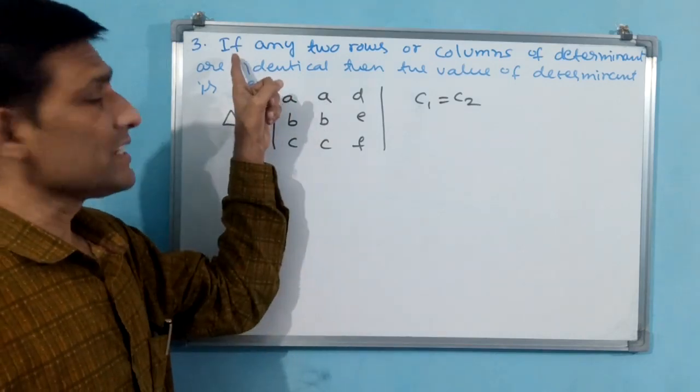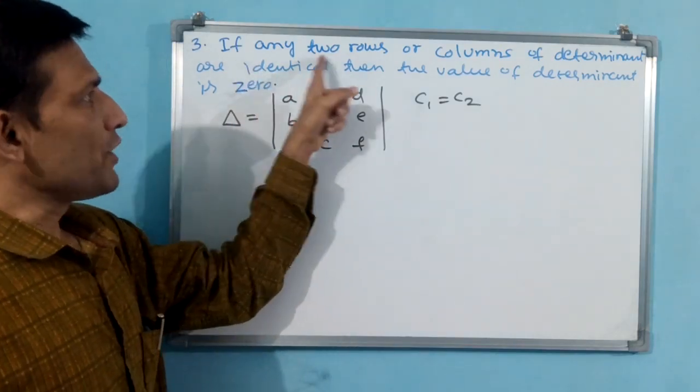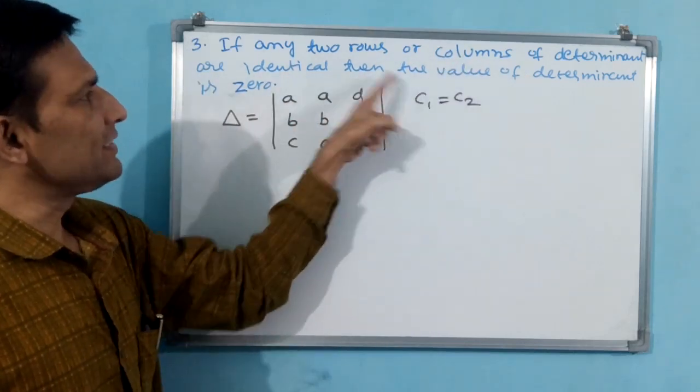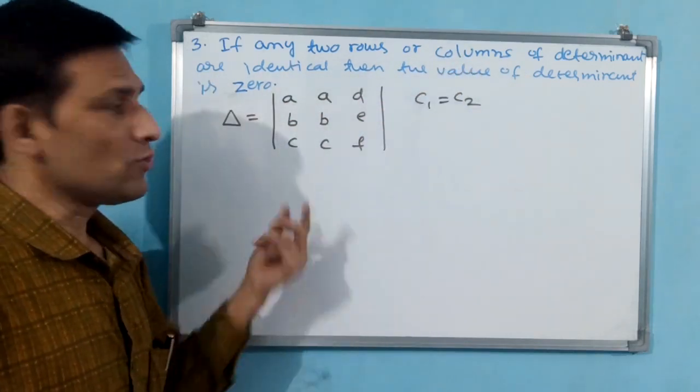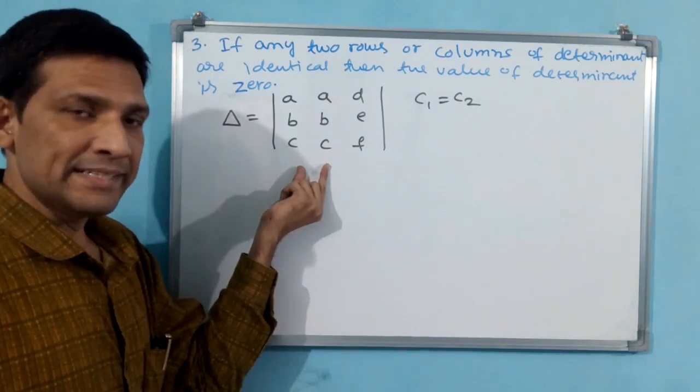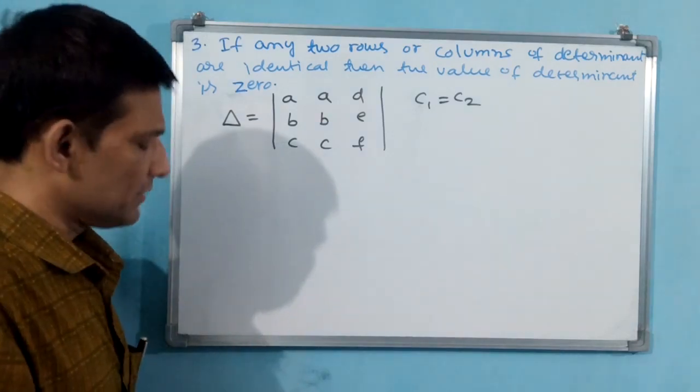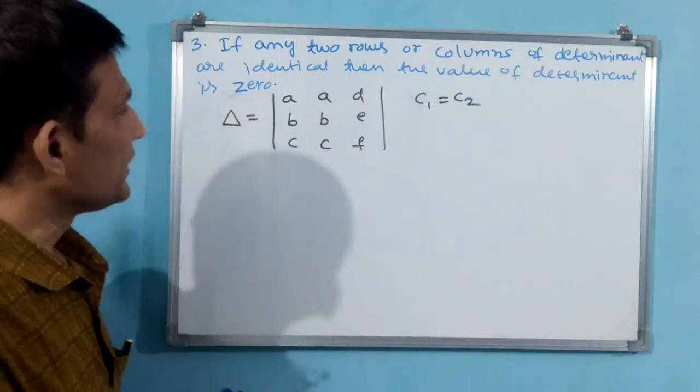Once again we will study the property. We will read. If any two rows or two columns of a determinant are identical, then the value of the determinant is 0. Two columns are identical, so the value of this determinant should become 0. Let us do the determinant.